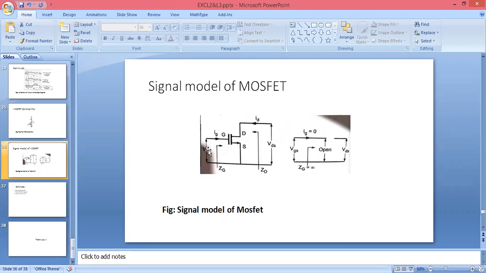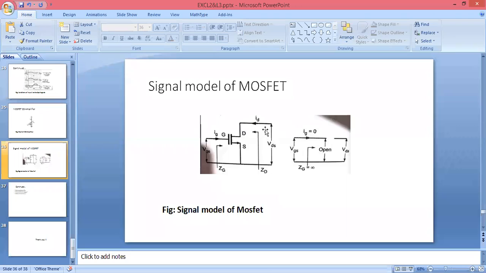Means when we are giving VGS equal to 0 volt, we will get infinite transconductance. Since IG is 0, output of MOSFET is controlled by इनपुट वोल्टेज. ये IG का यदि वैल्यू 0 है तो आउटपुट वोल्टेज कैसे कंट्रोल होगा? It will be controlled by input voltage. And this is the transconductance.